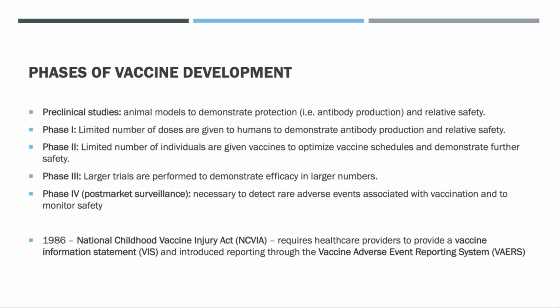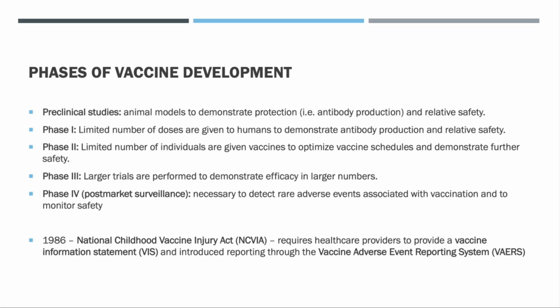Today, of course, we have preclinical studies that use animal models to demonstrate protection and relative safety before it's even considered in humans. And then you have the different phases of trials, which essentially scale up, used to demonstrate both safety and efficacy in a stepwise manner.